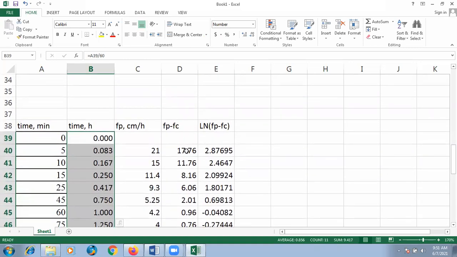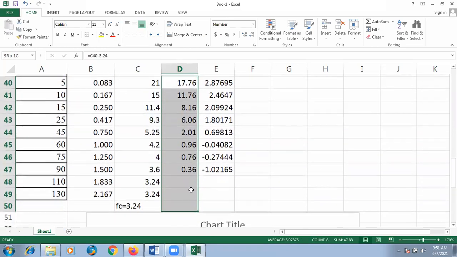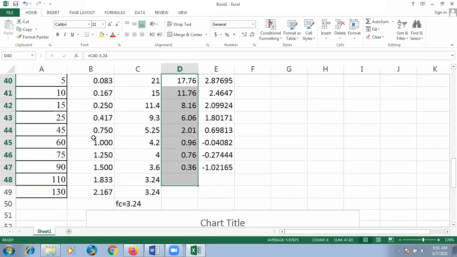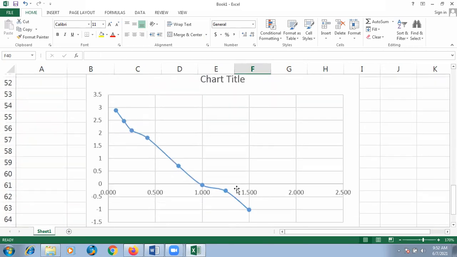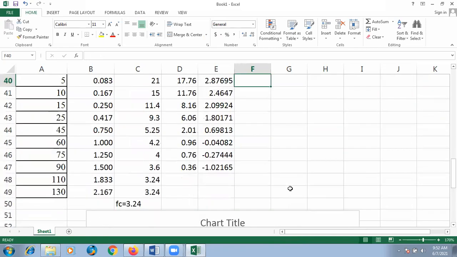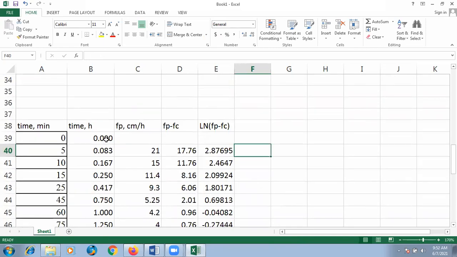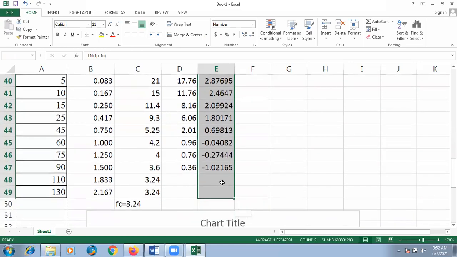On the semi-log sheet, you take the normal axis as the time axis and the log axis as fp minus fc. Whereas here, what I have done is that I have converted to log and plotted. In the examination, you can also do a similar thing. After conversion, on a normal graph sheet, you can go for time and this value. Either way, it is possible.